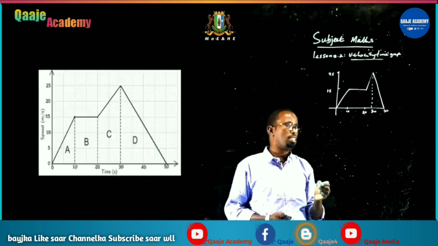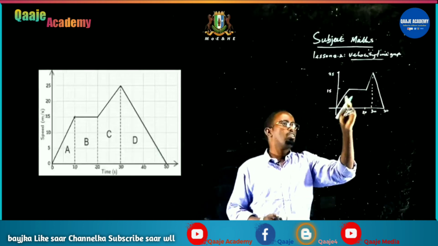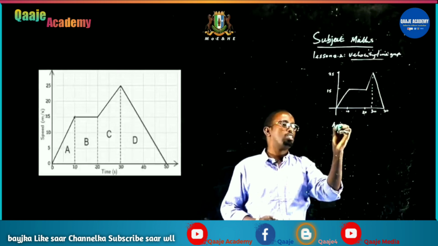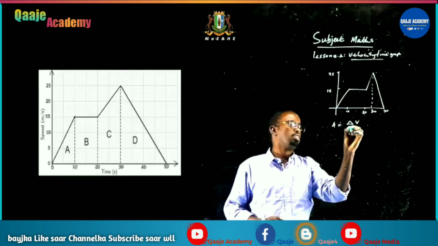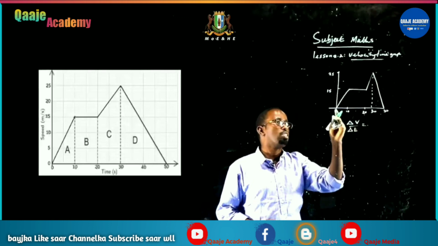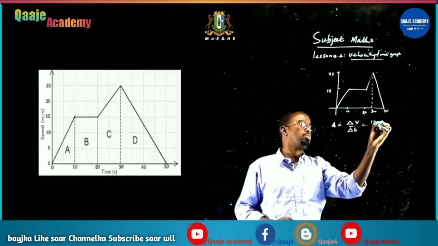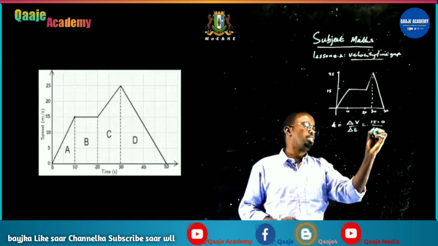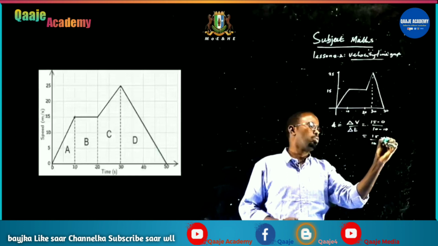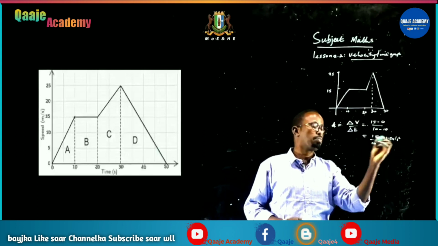So for the greatest acceleration, we only find the acceleration of these two parts. Acceleration is change in velocity divided by change in time. There we have 15 minus 0 divided by 10 minus 0. You get 15 divided by 10, and this is 1.5 meters per second squared.